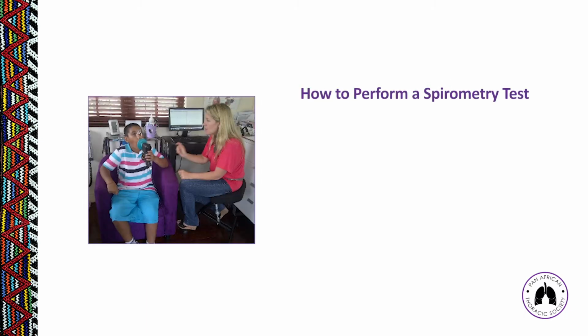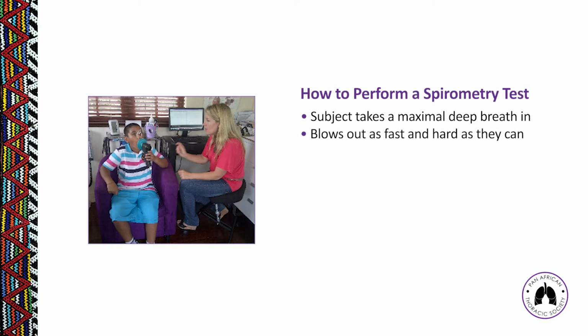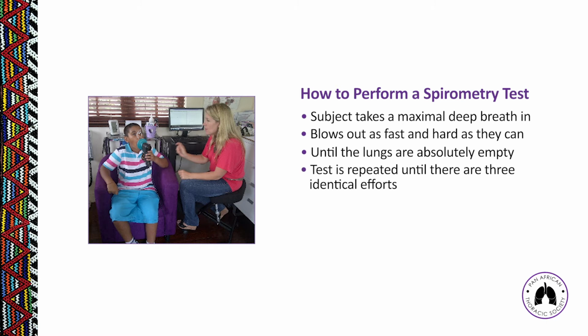So how to perform a spirometry test? To perform a spirometry, the subject takes a maximal deep breath in to total lung capacity and then blasts the air out as fast and hard as they can into a mouthpiece attached to a spirometer until the lungs are absolutely empty. The test is repeated several times until there are 3 identical efforts which ensure that the results are accurate.